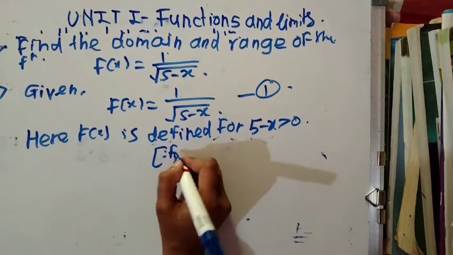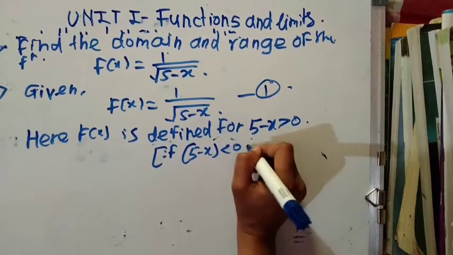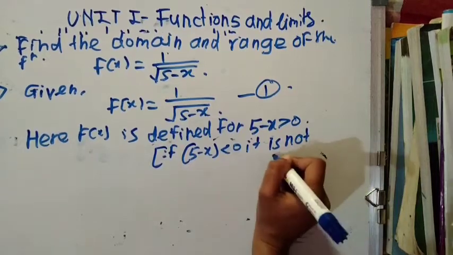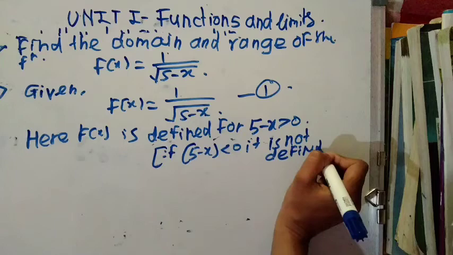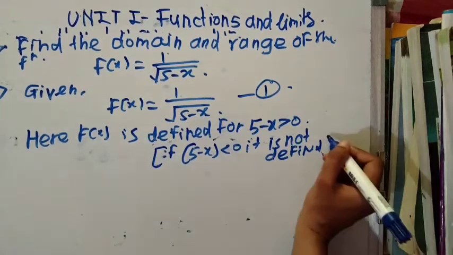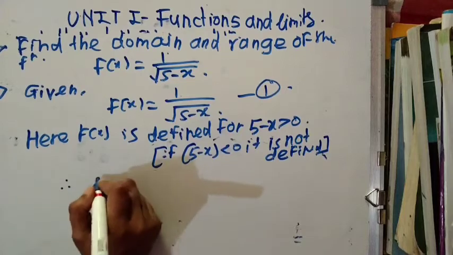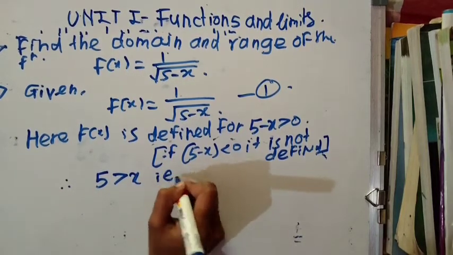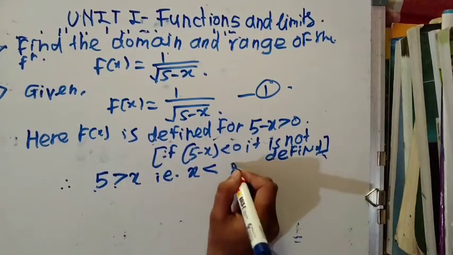If 5 minus x is less than 0, it is not defined. Hence 5 is greater than x, so we can rearrange it as x less than 5.